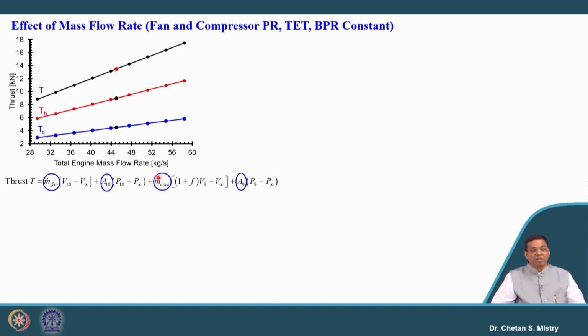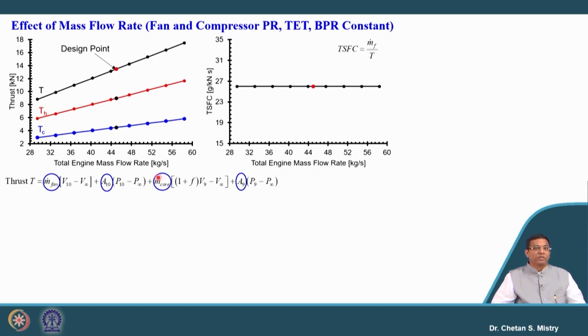Both my hot thrust and cold thrust are going to increase, and that is giving me a rise of total thrust. And here my thrust specific fuel consumption remains constant.